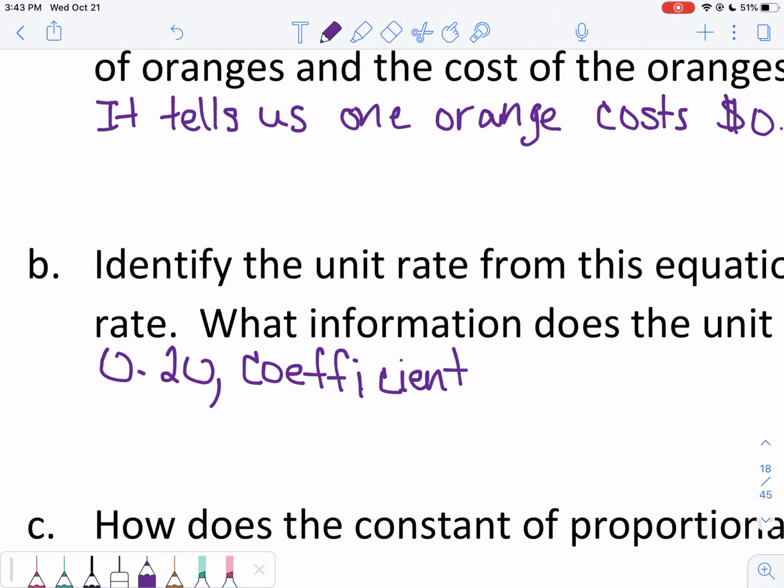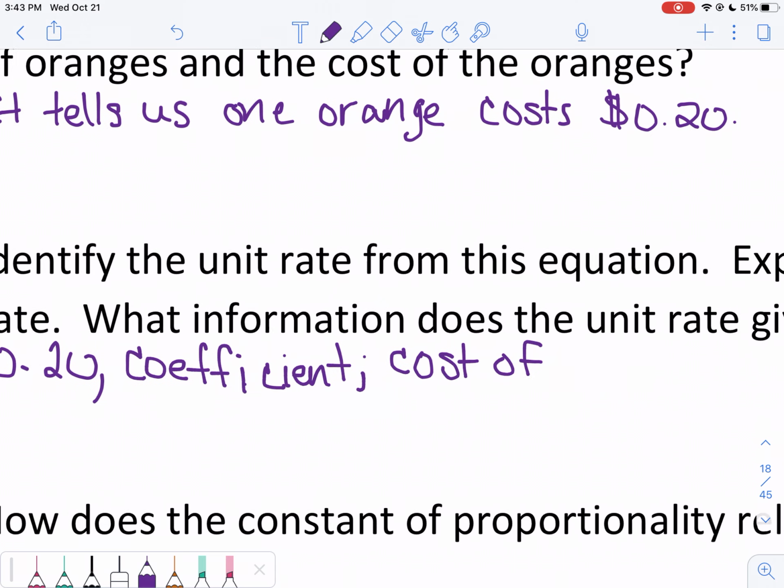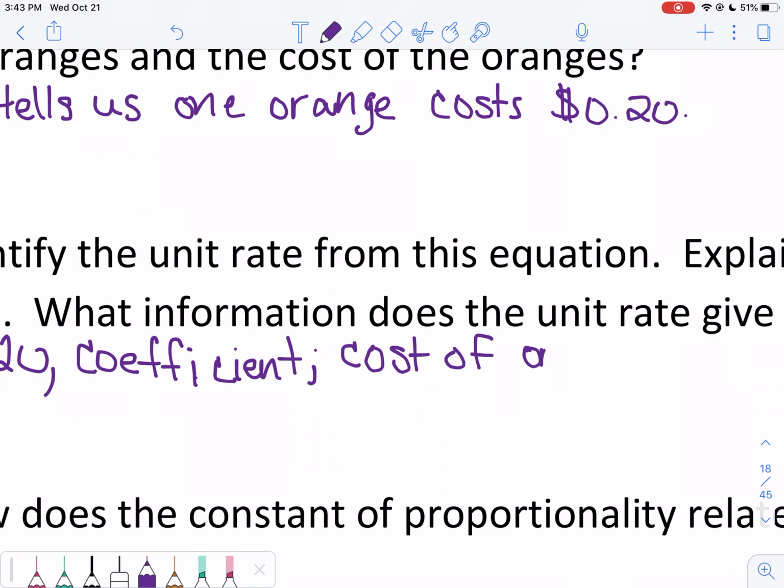There we go. So it's the coefficient in that equation. And then what does it tell us? It tells us how much one orange costs. So cost of 1 orange.